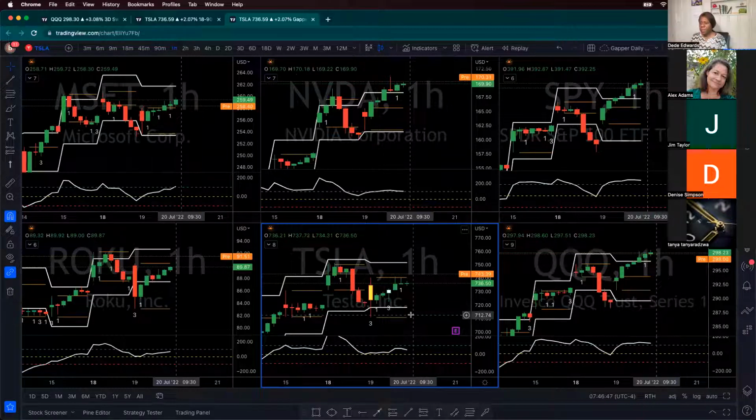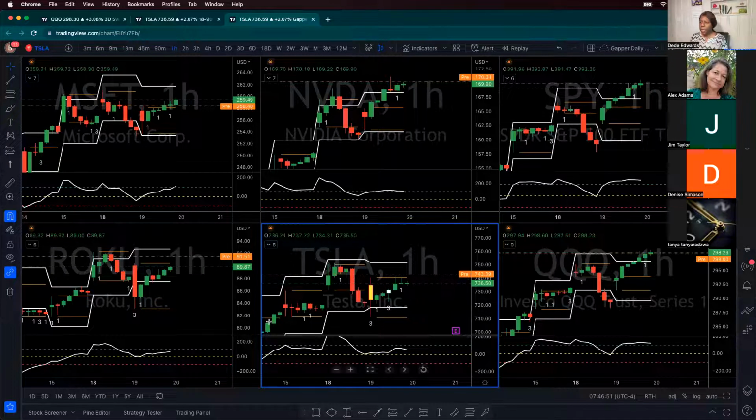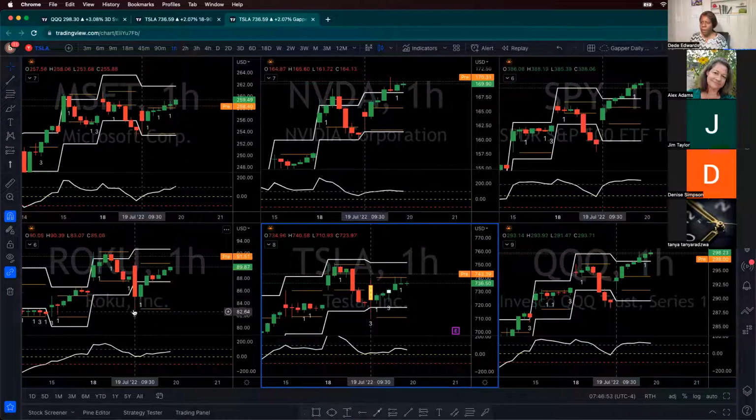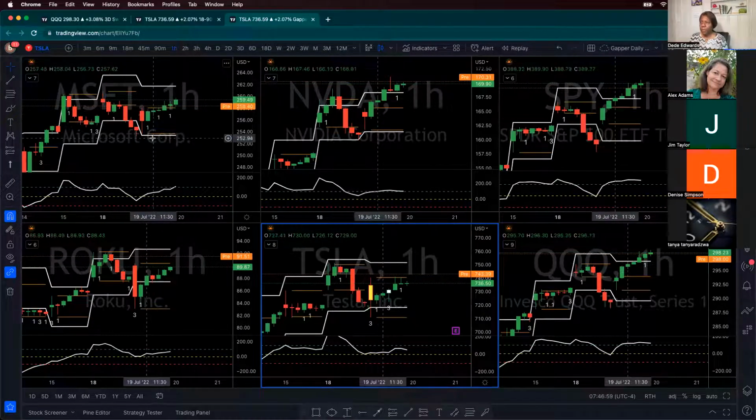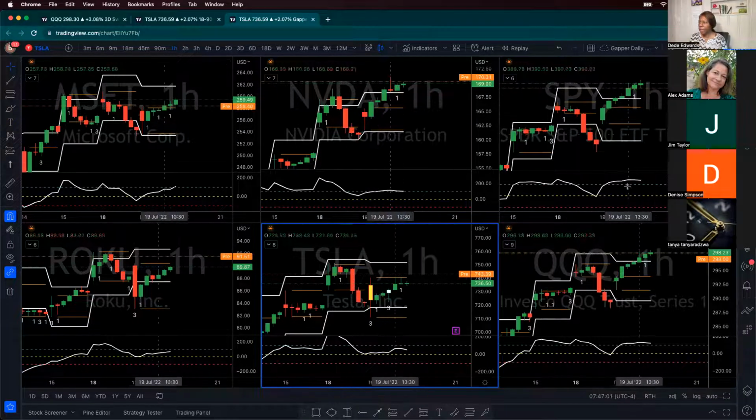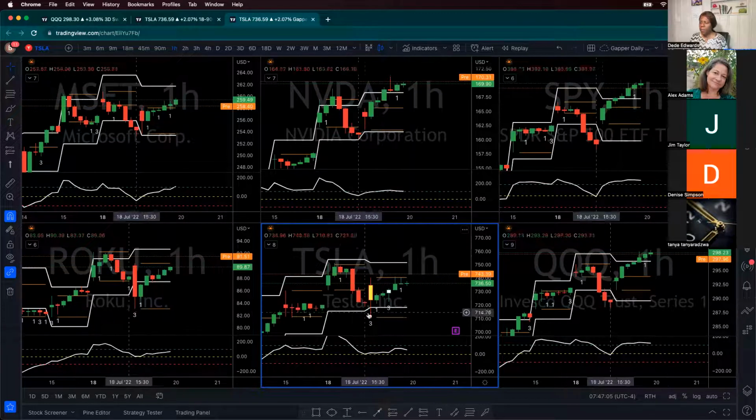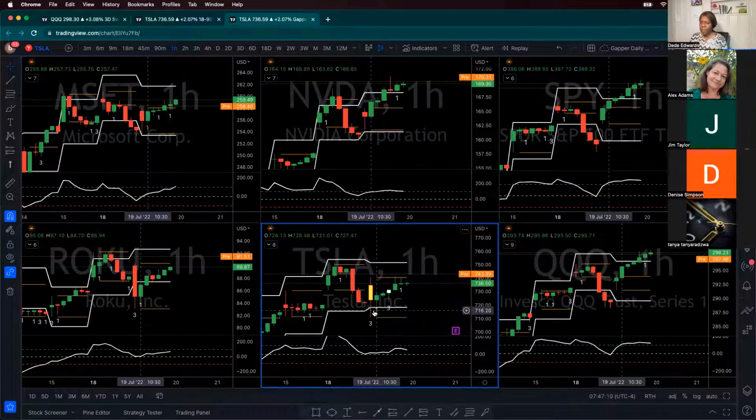Because sometimes I think but you don't really visualize it. When you see these big outside bars like you have here on Roku and Tesla, versus the difference between Microsoft, NVIDIA, SPY, and Qs, these orange lines are simply the high and low of the opening 60.